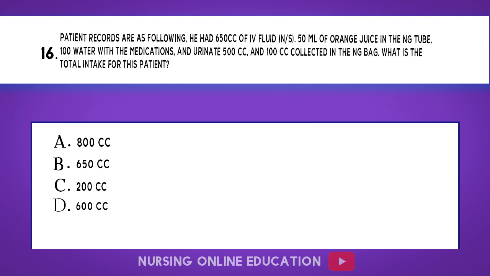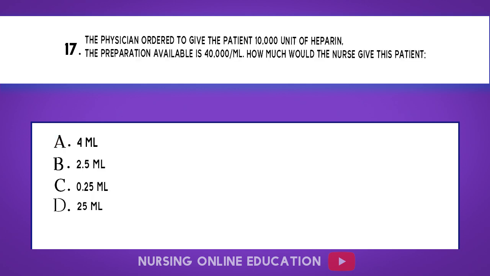B. 650 cubic centimeters. C. 200 cubic centimeters. D. 600 cubic centimeters. The answer is option A, 800 cubic centimeters.